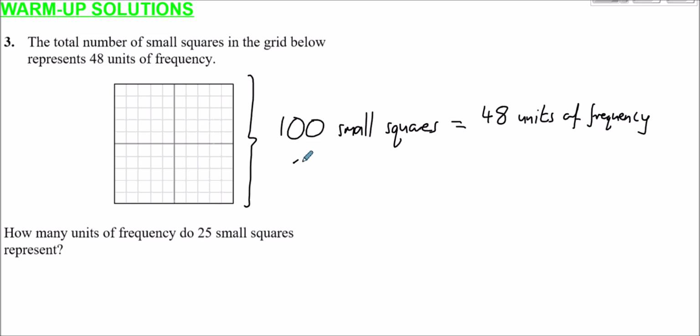To go from 100 small squares to 25 small squares, we just need to divide by 4. But if we divide this side by 4, we need to divide this side by 4 as well. So 48 divided by 4 is 12, so 25 small squares will be represented by 12 units of frequency.